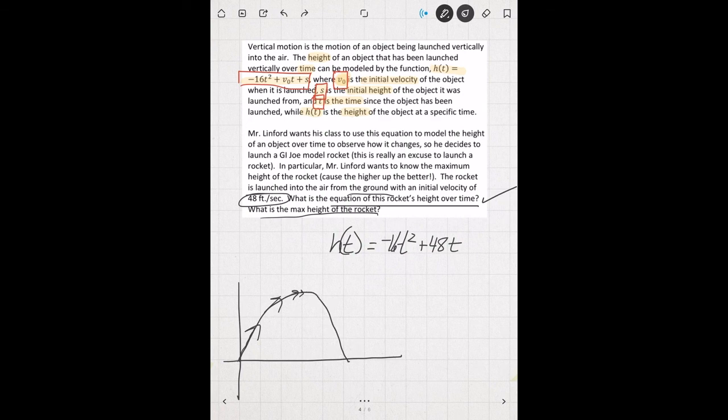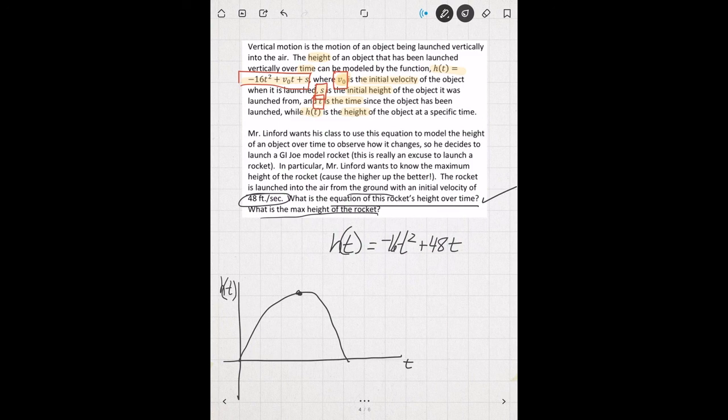So our question is, if this graph models the height for time, what is the maximum height, that value? Hopefully you're noticing that the maximum height here is the vertex of this parabola.